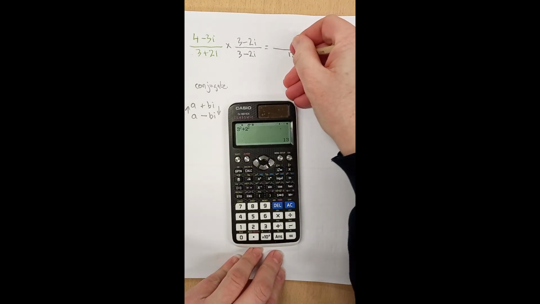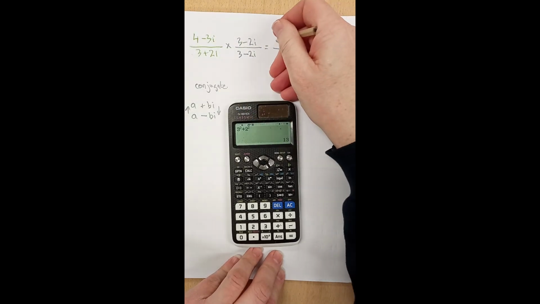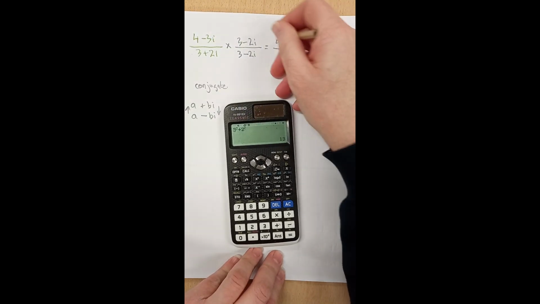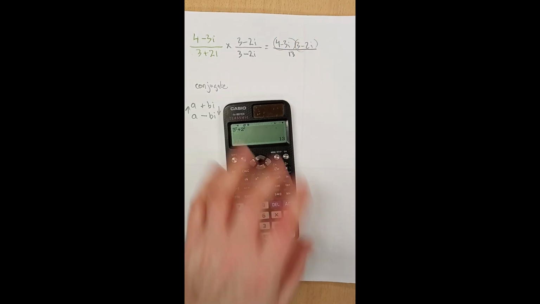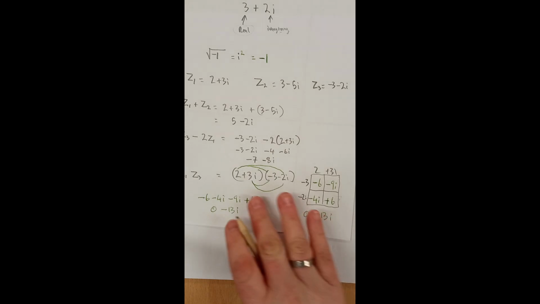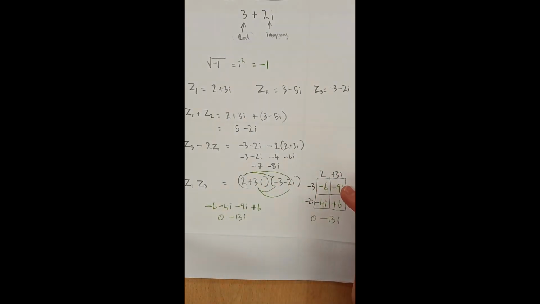That's that bit done. Now we have to multiply out the top. So we have 4 minus 3i times 3 minus 2i. We multiply the top out the same way as we did before, either using the old-fashioned line method or using the grid method.